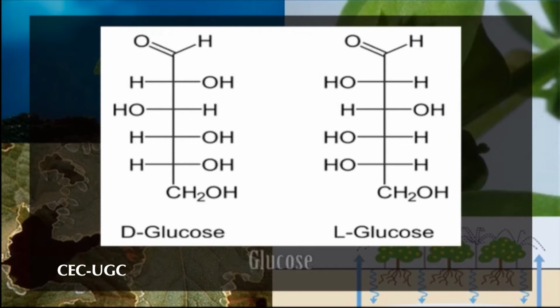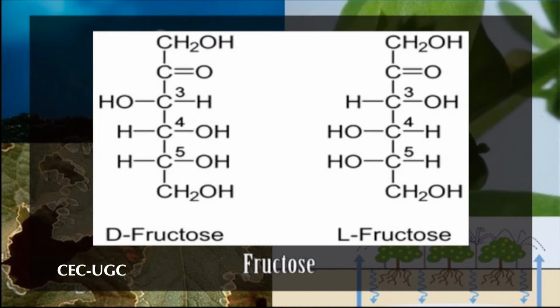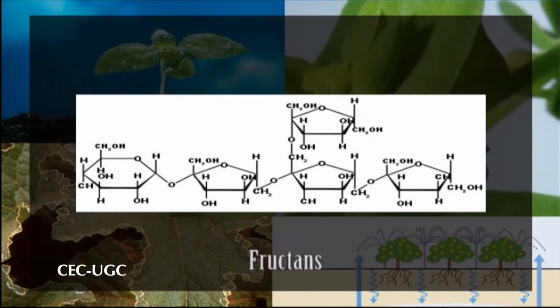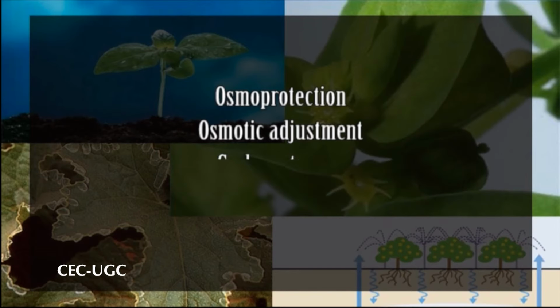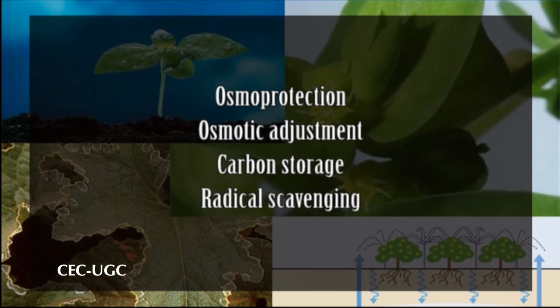Carbohydrates such as sugars, glucose, fructose, sucrose, fructans, and starch accumulate under salt stress, playing a leading role in osmoprotection, osmotic adjustment, carbon storage, and radical scavenging.